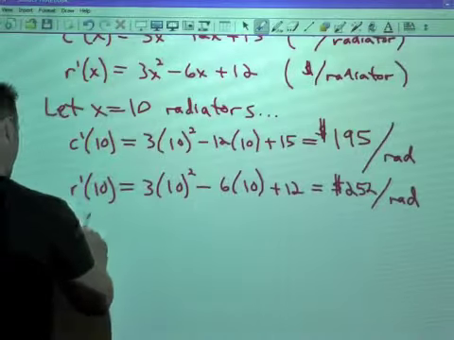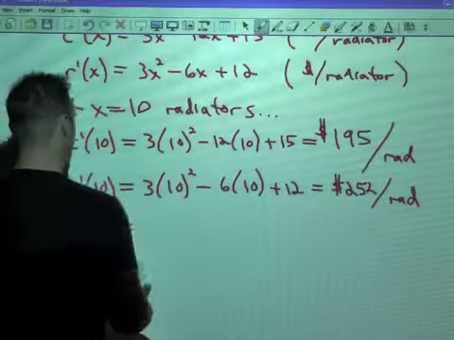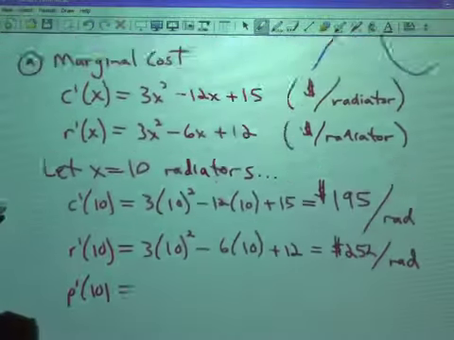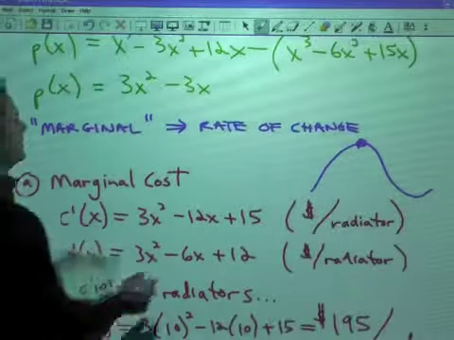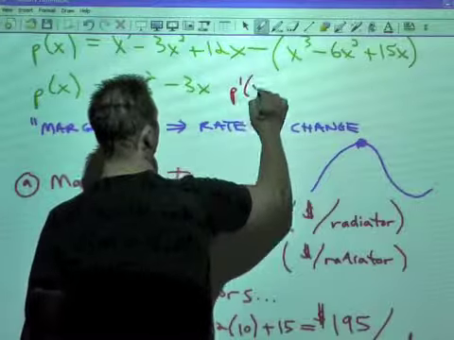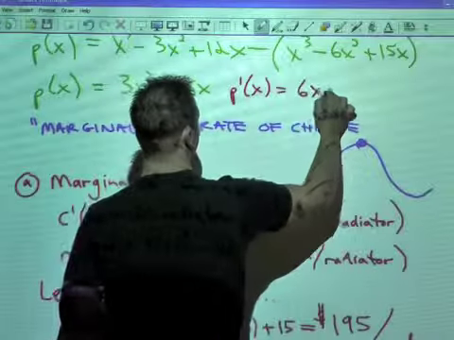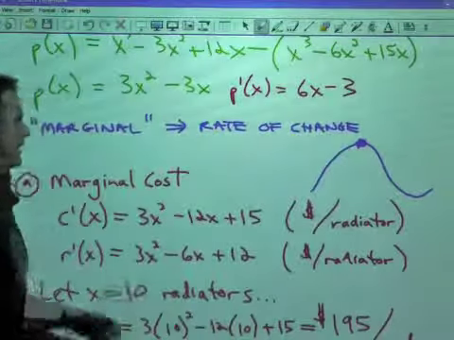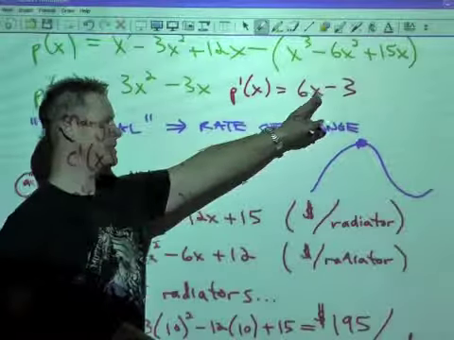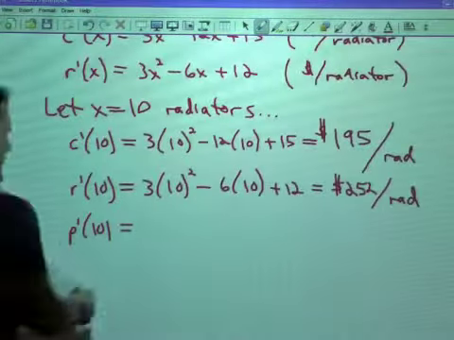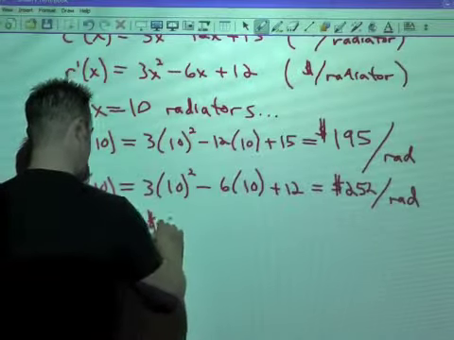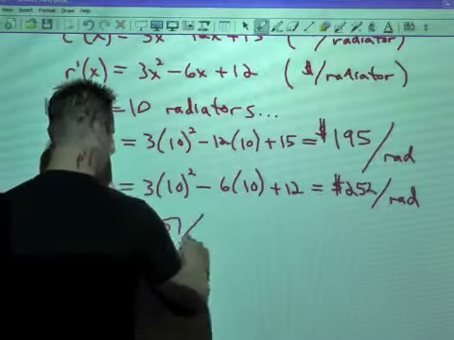So for profit at 10, we can go back and find the derivative of profit. Here's our profit function. So the derivative of profit, P prime of x, is going to be 6x minus 3. And if we plug a 10 into that, it's going to be 60 minus 3, which is 57. So we get $57 per radiator.